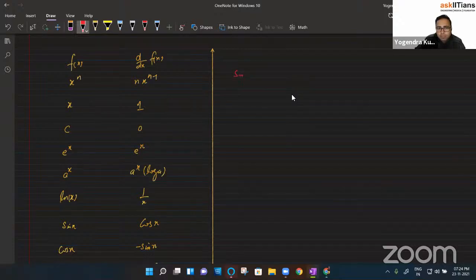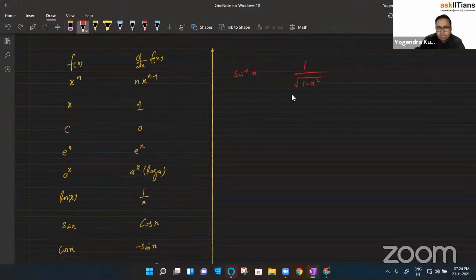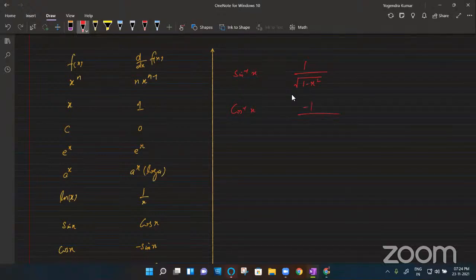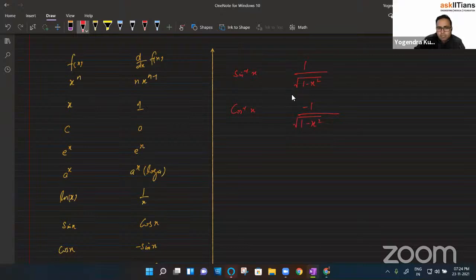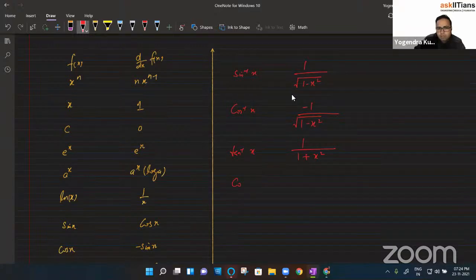Sin inverse x, what is it? We have 1 by root of 1 minus x square. Cos inverse x, again c, minus 1 by root of 1 minus x square. Then tan inverse of x, 1 by 1 plus x square. Cot inverse, minus 1 by 1 plus x square.